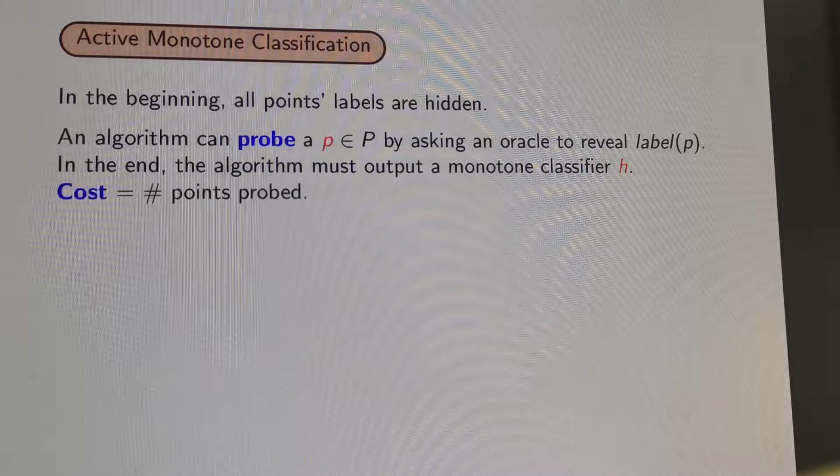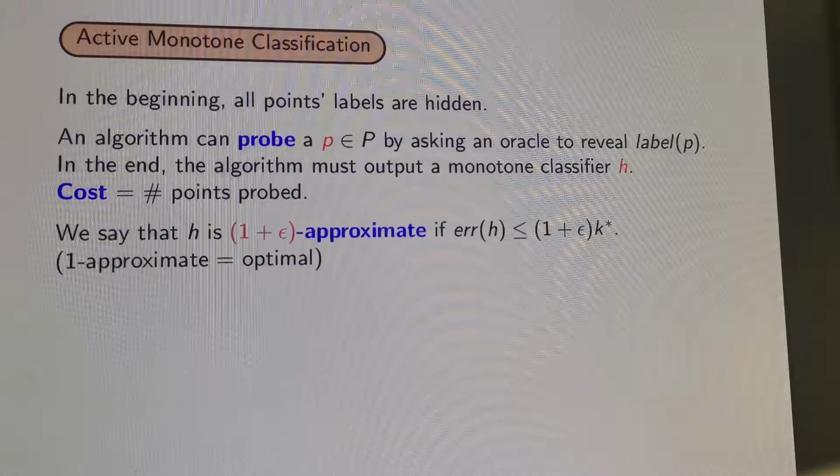The cost of the algorithm is defined as the number of points probed. We want to find a classifier that is as accurate as possible. Obviously, you cannot do better than K star.